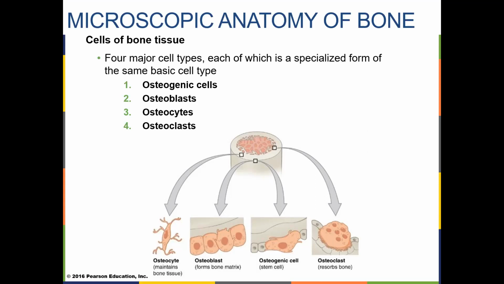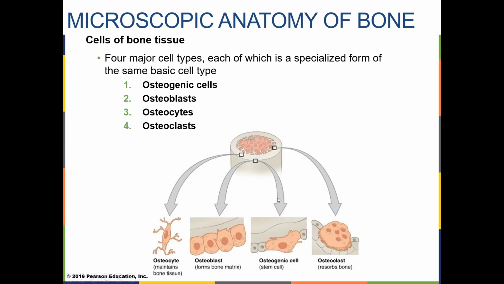So we get 4 different cells from the osteogenic cells: osteogenic cells themselves, because you can't take a bone stem cell and have it become an osteoblast without replacing the stem cell. So you have to make a copy of the stem cell. You have to make daughter cells so that you can use some of them to become osteoblasts, osteocytes, and osteoclasts, and the other osteogenic cells remain.